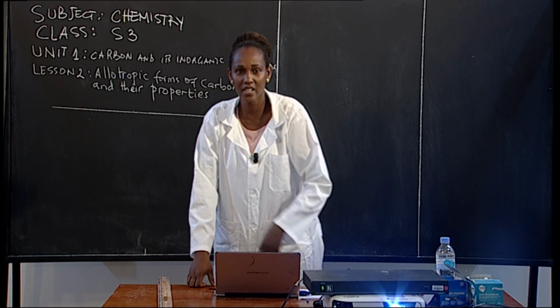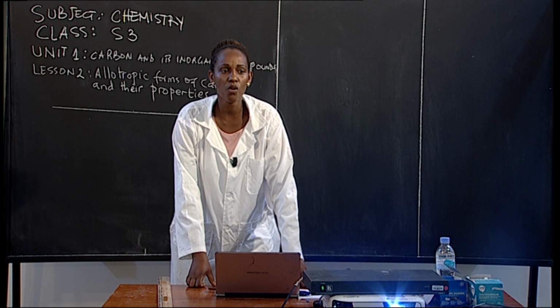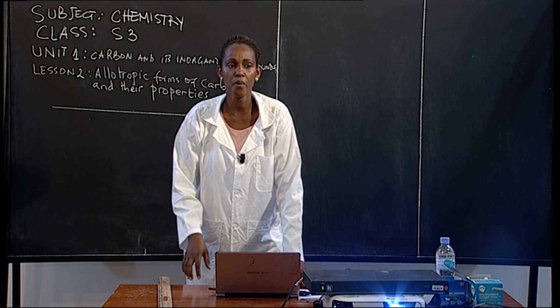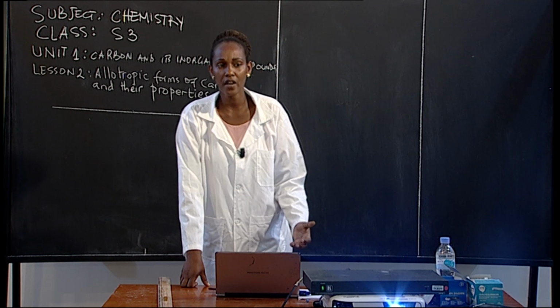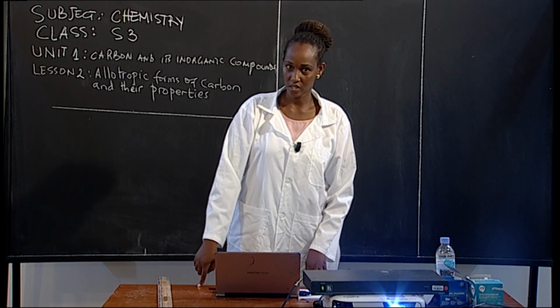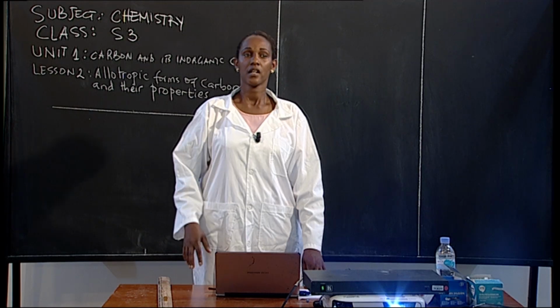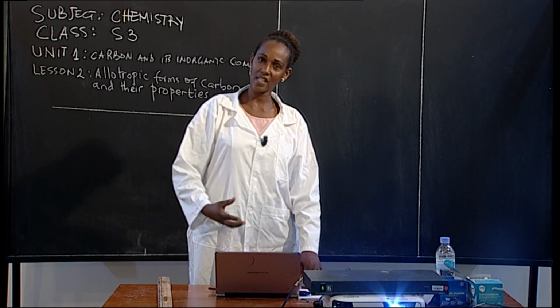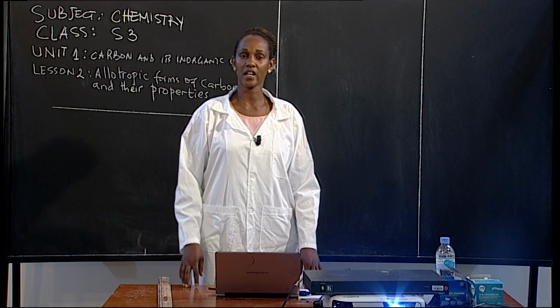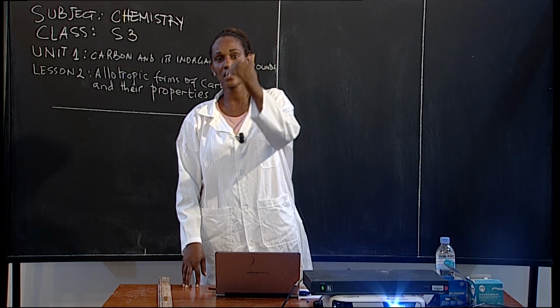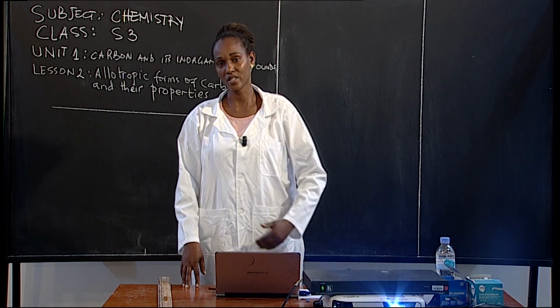The density of graphite is 2.25 grams per cubic centimeter. Graphite is a good conductor of electricity. Why? We said graphite has delocalized electrons from the structure. We have said it has a free electron. That gives it the use of conducting electricity.